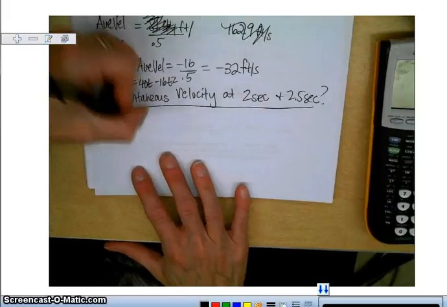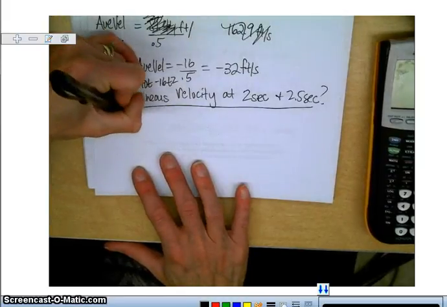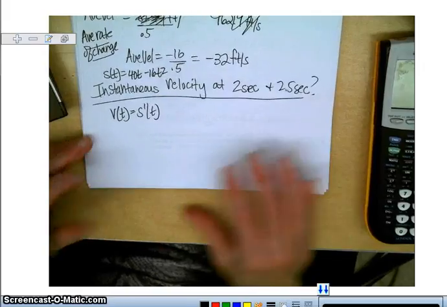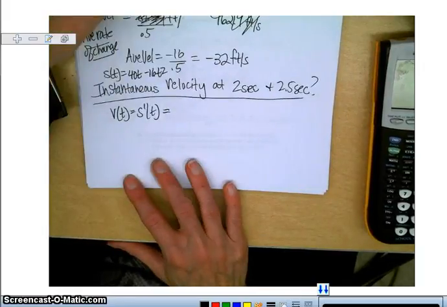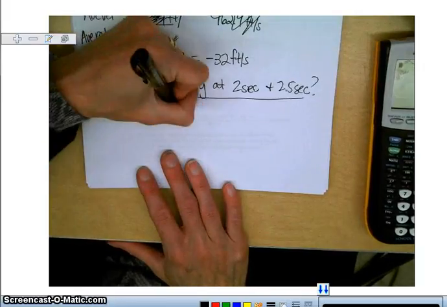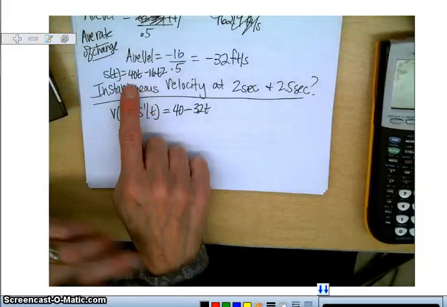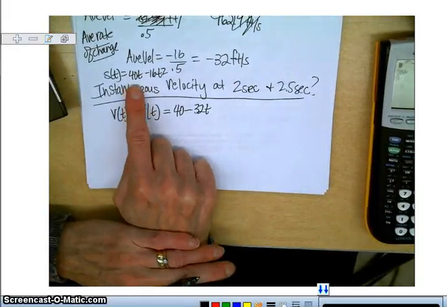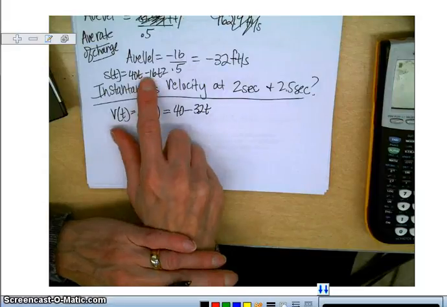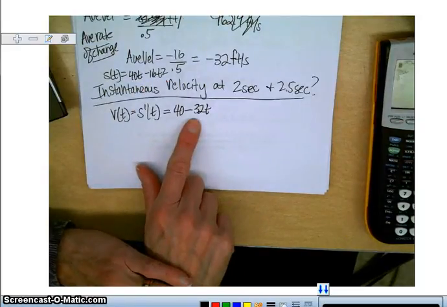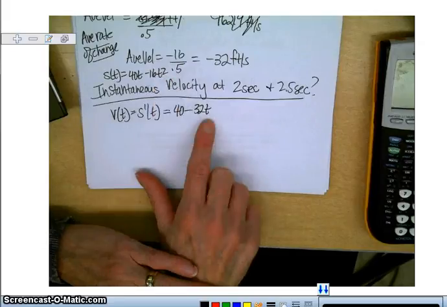Instantaneous velocity, v of t, is equal to the derivative of position. So what is the derivative of position? 40 minus 32t. The derivative of 40t is 40. The derivative of negative 16t squared, you multiply by 2 to give you negative 32, and subtract 1 from the power to just give you t.